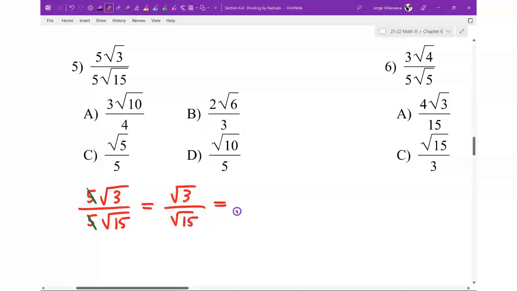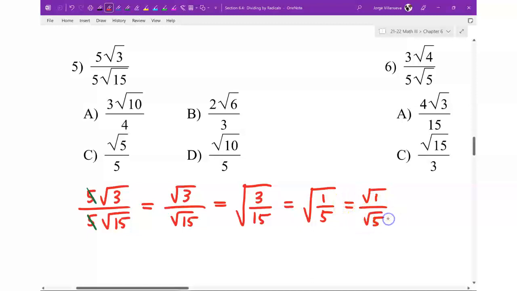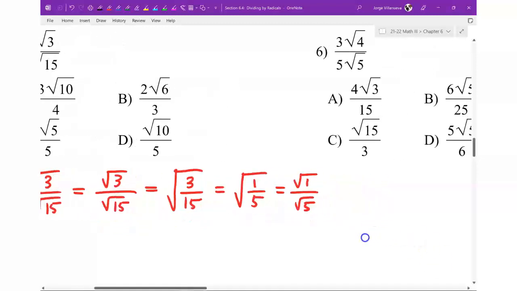Let me put it into one big radical. That becomes 1 over 5. Well, now that I did that, let me break it apart again. So there you go. What's the square root of 1? That's just 1, right? So that's equal to 1 over square root of 5.